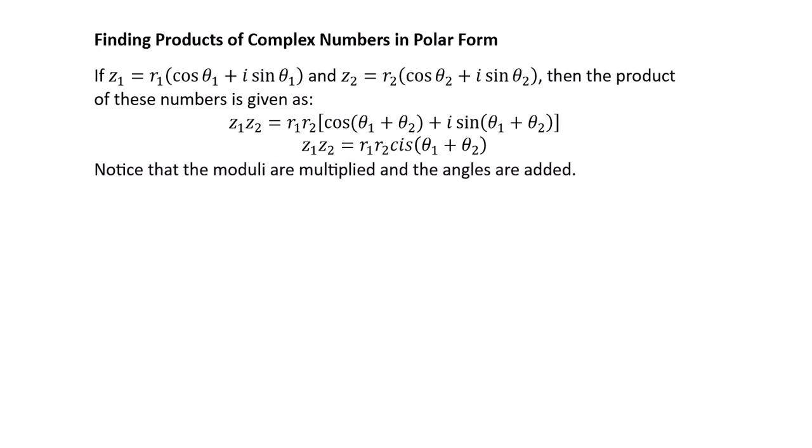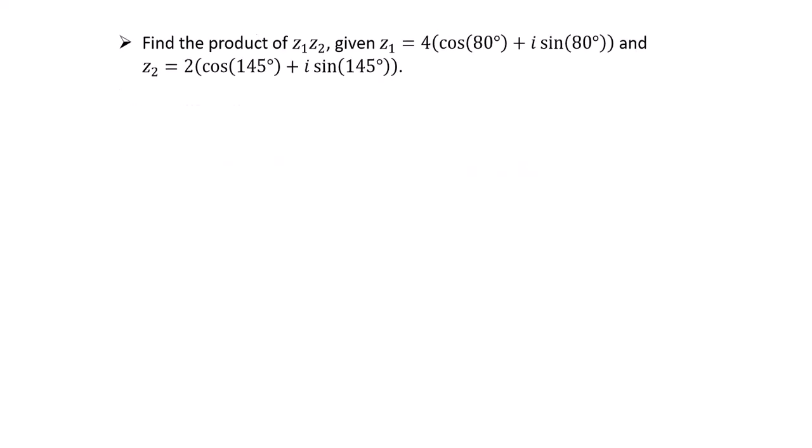This means z1 z2 can also be written as r1 times r2 times cis of theta sub 1 plus theta sub 2. Notice that the moduli are multiplied and the angles are added. Find the product of z sub 1, z sub 2, given z sub 1 and z sub 2 shown.